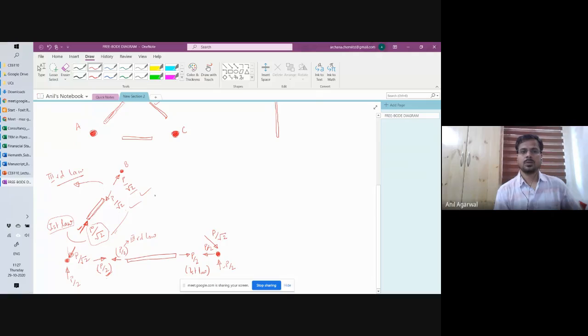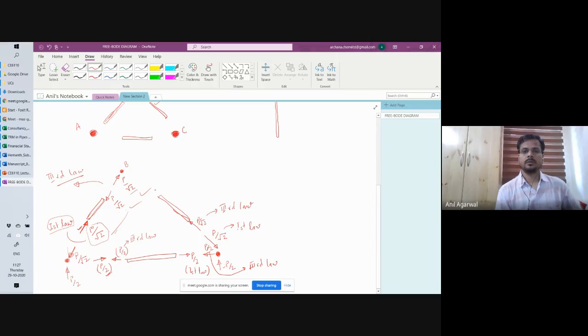Okay, and now you put this member in place. You got P by 2 acting on this joint this way. That means the member must be the equal and opposite reaction again from the third law. So this one we got from the first law. Okay, this P by 2 we had got from the third law. Then this P by root 2 again, we will get P by root 2 here, which is again coming from the third law.